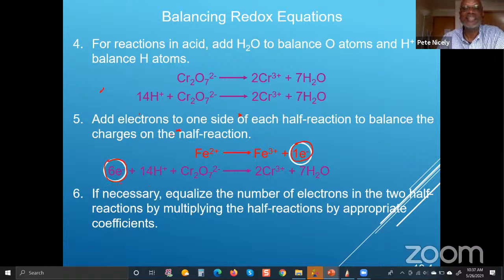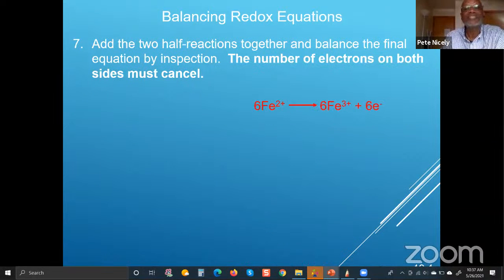So what we do in this case is multiply the first equation by 6, and we leave the other equation alone because it already has 6 electrons, as you can see here. Basically, what we will do next is add these two equations together. Now that we have 6 electrons here and 6 electrons here, all we have to do is add the two half equations.